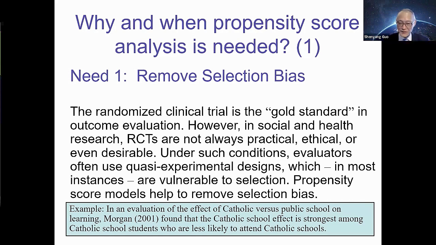Marginal really means that only those who are less likely to enter Catholic schools gain the greatest from them. For the general students, no matter which schools they go to, they always do a good job. So the Catholic schools only have marginal effects.